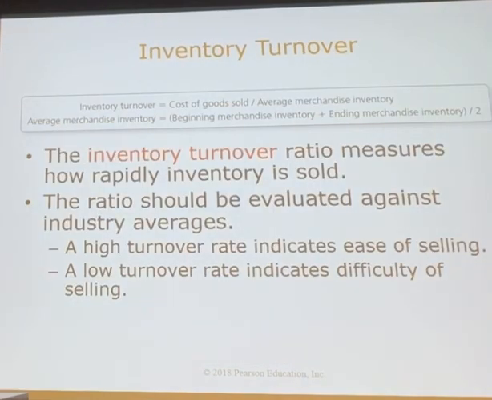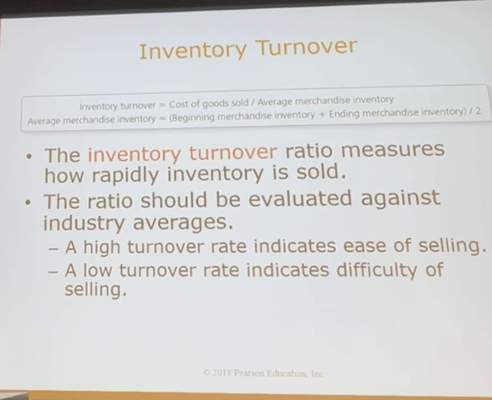There are 2 ratios at the end of the chapter that deal with inventory. And the first ratio is called the inventory turnover ratio. It measures how rapidly a company is able to sell its inventory. And so generally a higher turnover ratio is better. If the turnover rate is too low, it indicates the company is having a hard time selling its inventory.